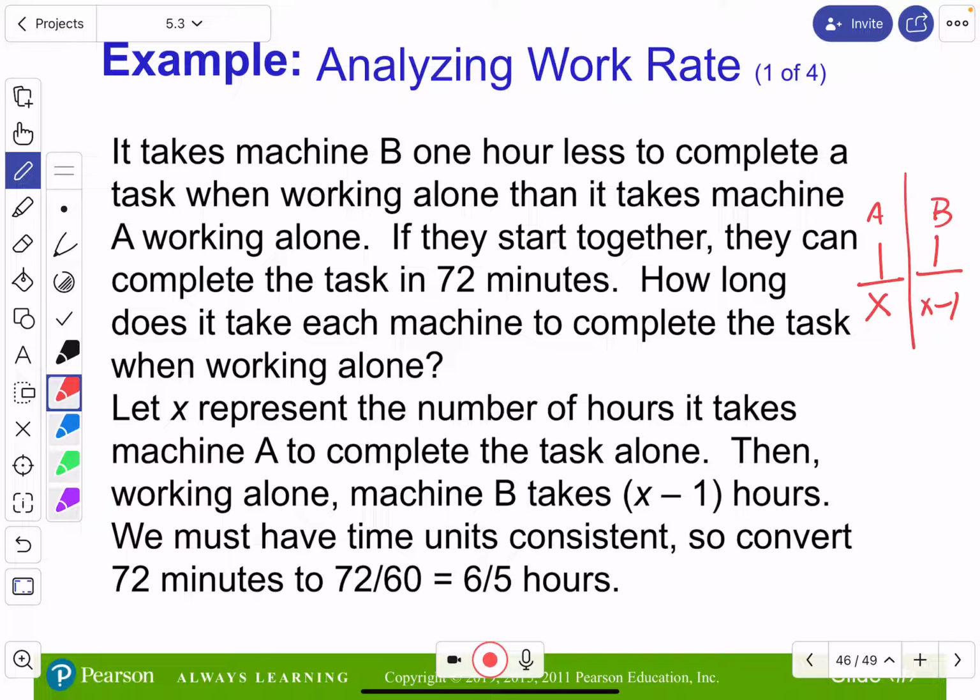So those would be their rates of work. If they start together, they can complete the task in 72 minutes. Well, our rates are in hours, so we need to turn 72 into an hour. So we divide by 60 and get 6/5. That's where some of these numbers are coming from.